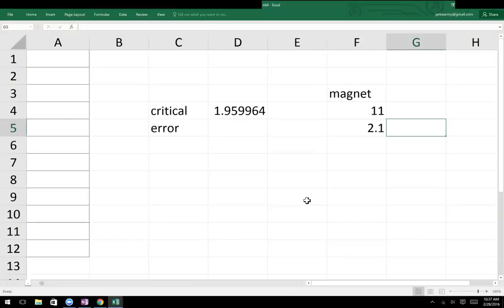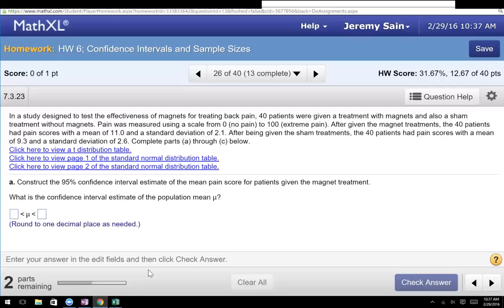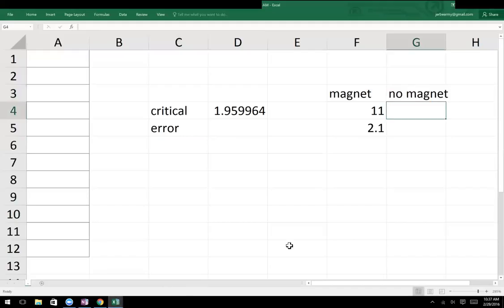And the no magnet group was 9.3 and 2.6. So those are my mean and my standard deviation.